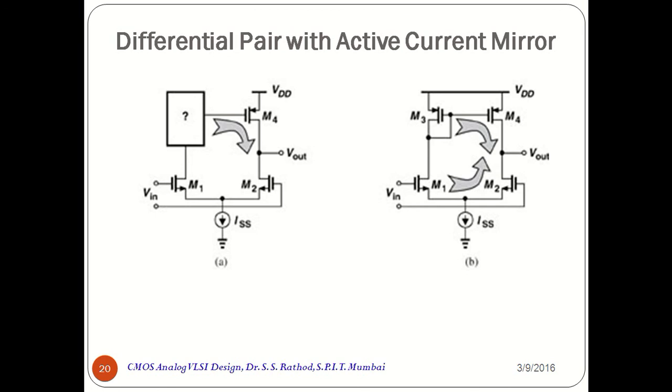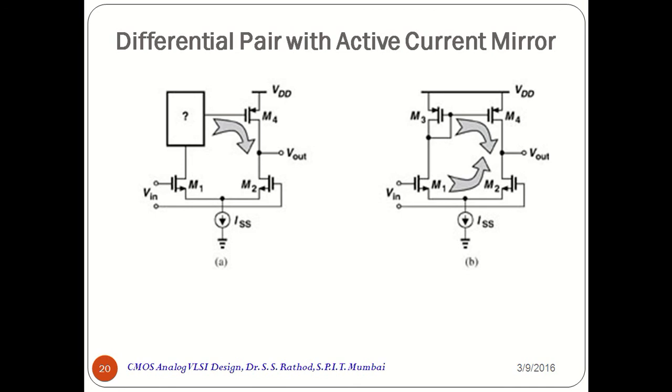To see how M3 enhances the gain, suppose the gate voltage of M1 increases by a small amount, increasing the drain current ID1 by delta I and decreasing ID2 by delta I. Since ID3 and hence ID4 also increase by delta I, we observe that the output voltage tends to increase through two mechanisms.